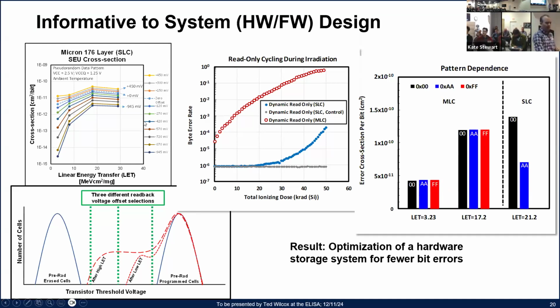In the middle, we have some information about operating these devices in single level cell versus multi-level cell, where we cram more than one bit into an individual floating gate transistor. We can explore pattern dependencies on these error mechanisms. This is looking at some of the tail effects of how far we shift a programmed cell versus an erased cell. The point being, we can optimize a hardware system for fewer bit errors by having this low-level data.